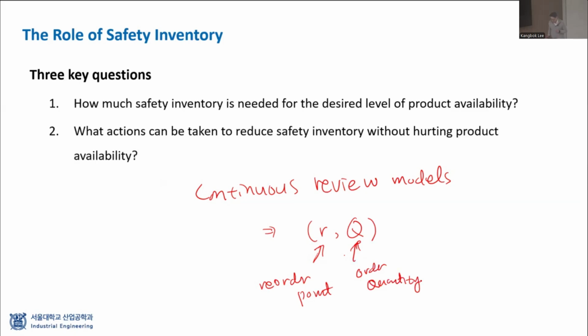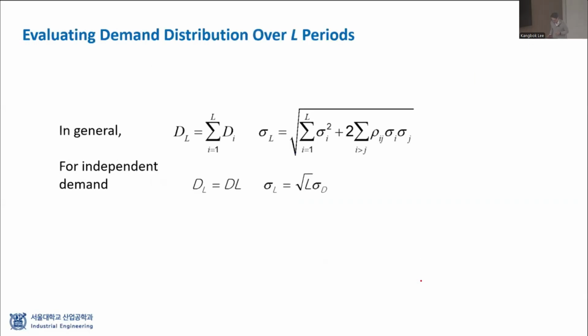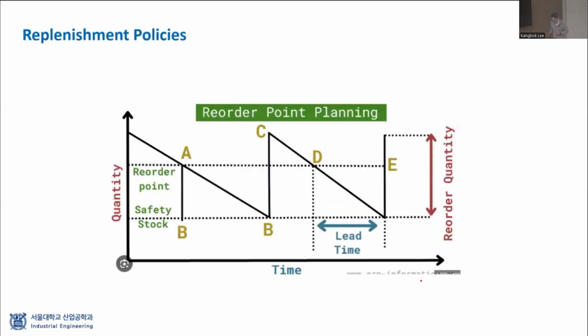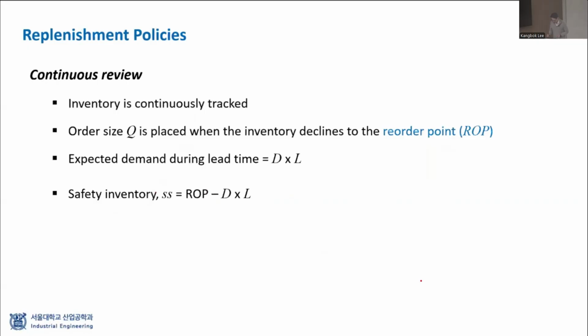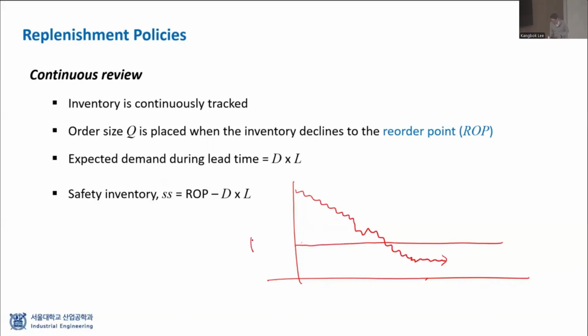So here, this policy works like that. I have a continuously reviewing inventory, so I know when it's going to go where in a continuous time period. So because of that, I can set up a point which is called the reorder point, and then whenever inventory touches this reorder point, I can make my order.